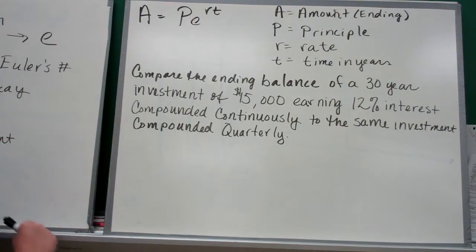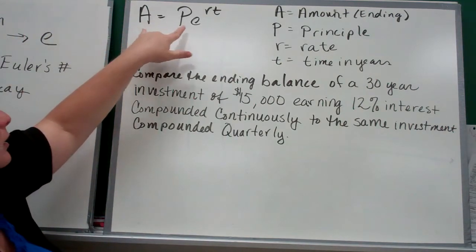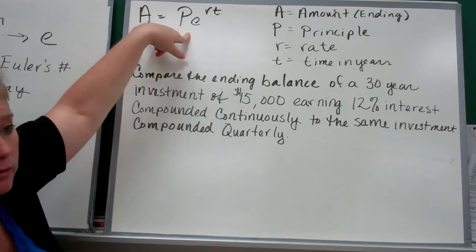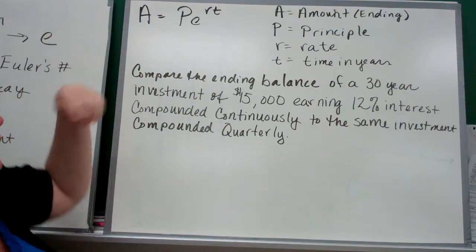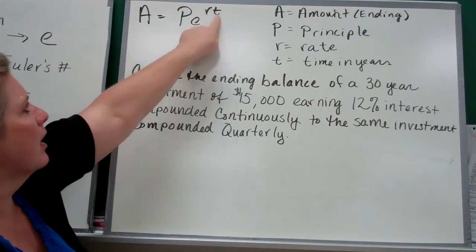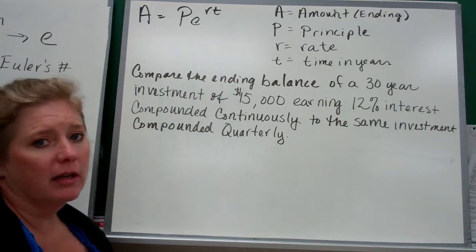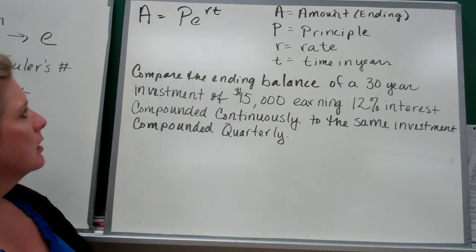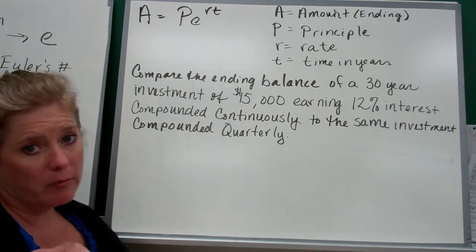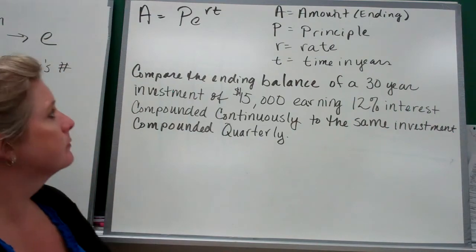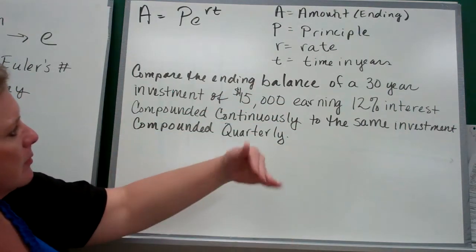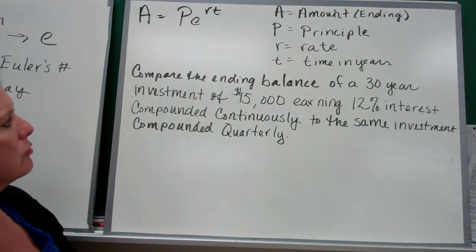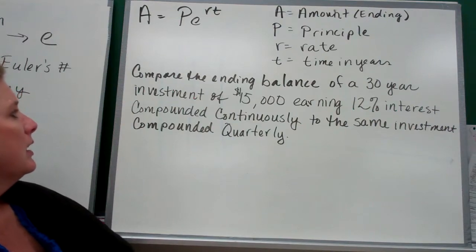So, using that formula, here is an exponential growth problem dealing with financial investments. A equals Pe to the rt power. When I taught the financial class, they'd say A equals Pert. That was one way to remember it, but you have to remember that e is that special number. A is your ending amount, P is the principal, which is the amount you invest, r is the interest rate, and t is the time in years.